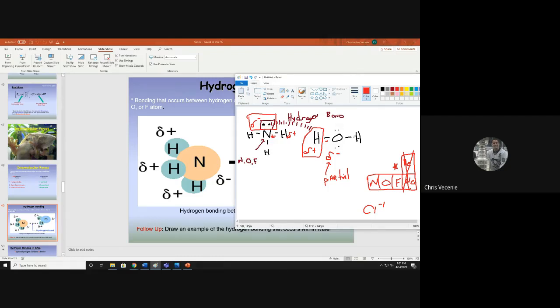But it's not a bond, it's just an opposite charge attraction, but hydrogen is there, so that's what they call it. And so that's a hydrogen bond, really specific, right? You've got to have hydrogen, and you have to have an unshared pair on nitrogen, oxygen, or fluorine.